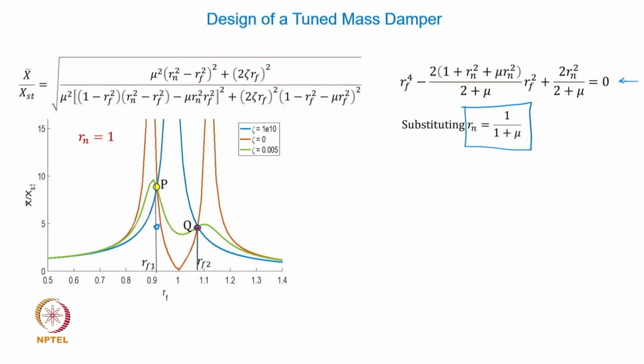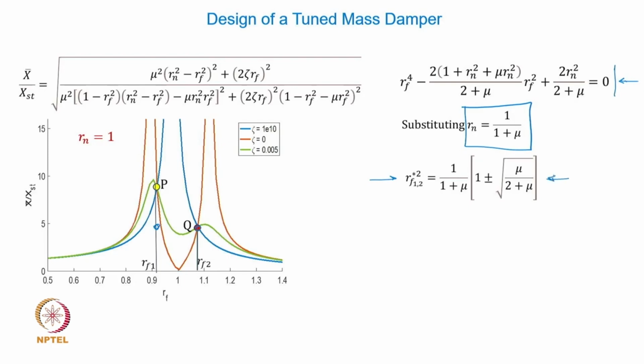So Rn is going to have a value of 1 over 1 plus mu. If you substitute Rn for this expression in the equation, which is this, you get the expression for the force frequency ratio RF to have these two possible values.